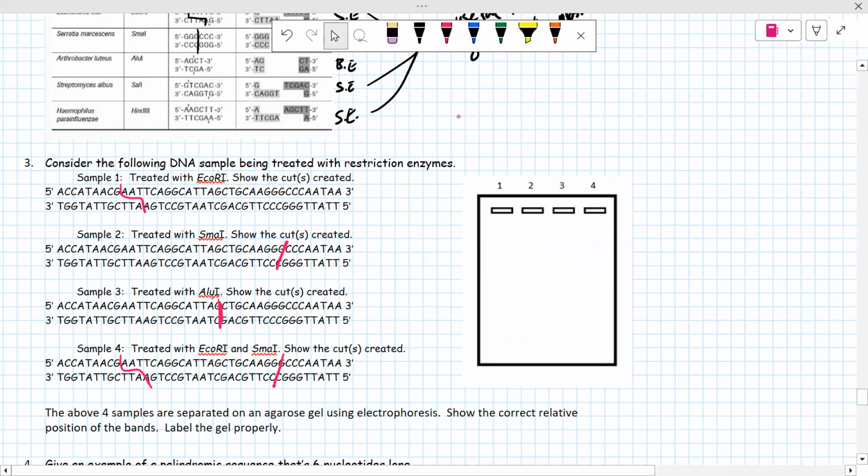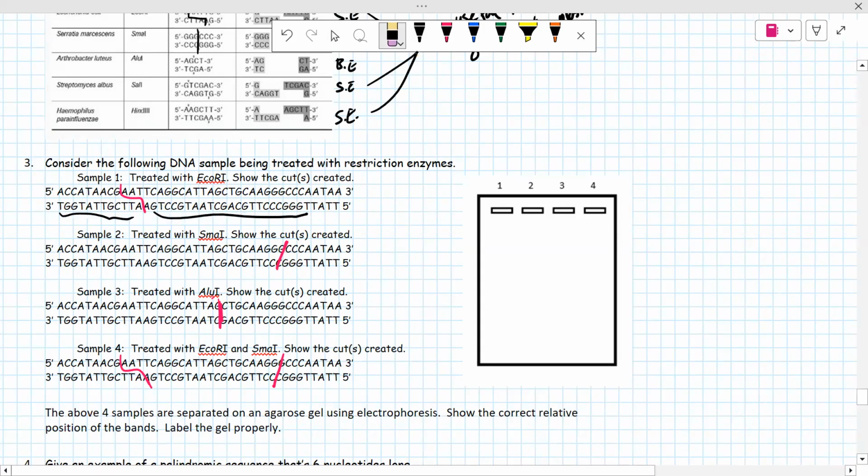So let's see. Lane number 1. We have just EcoRI. So we have 2 fragments here. One is longer than the other. So never put it super close to the well, because you don't know, like in another lane, if you have something that's actually longer, right?